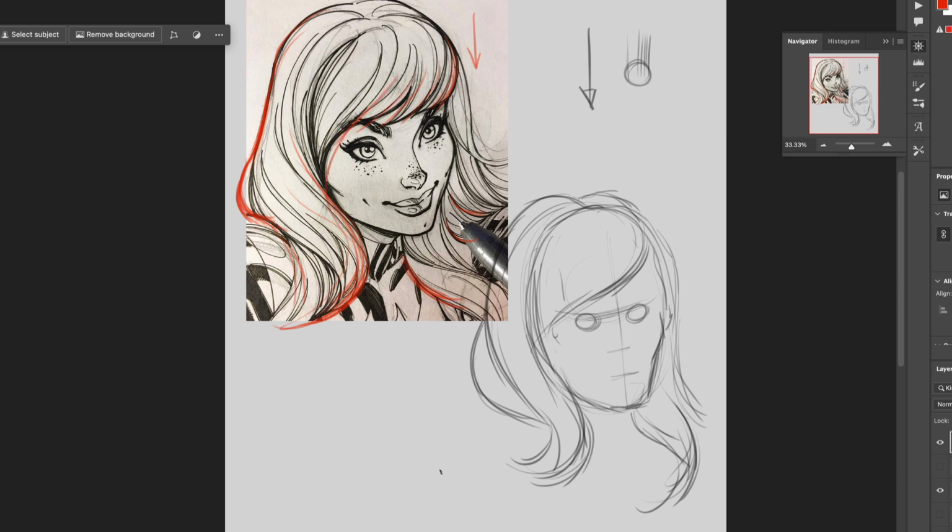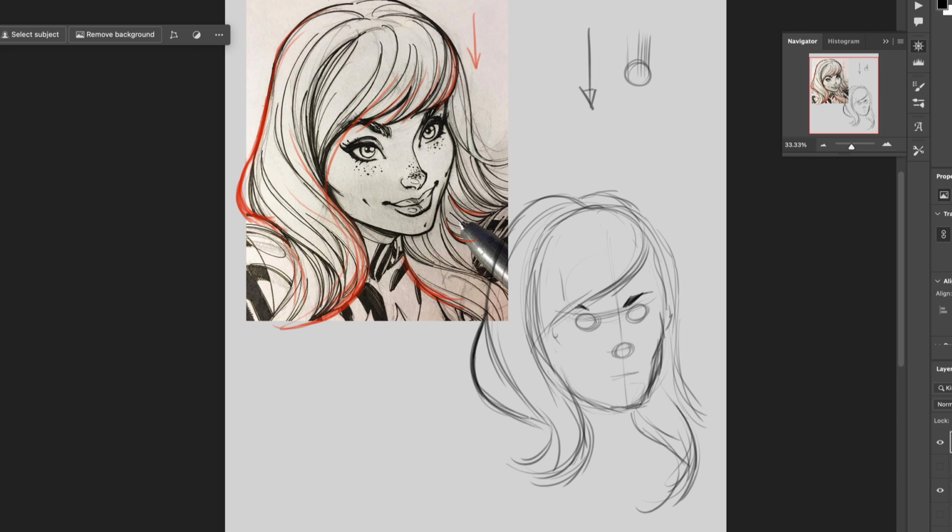So that's what you want to keep in mind when you draw hair: where is gravity, where is the pull of those forces? In my case, the hair is being pulled down like that.